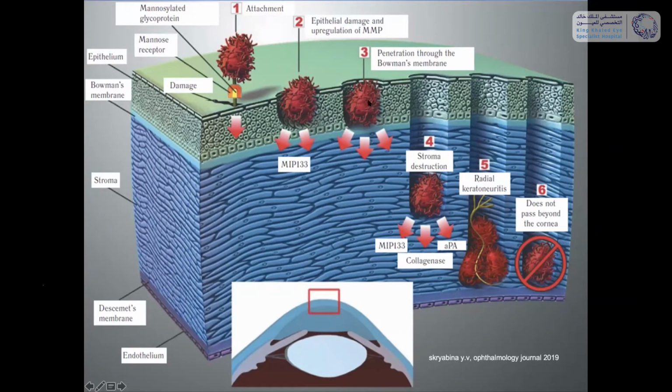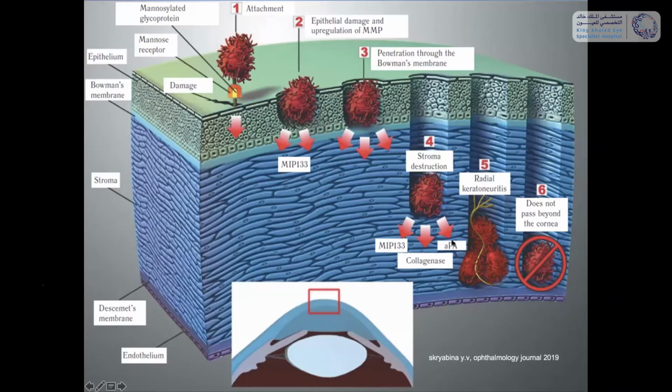Further penetration in the stroma will also cause direct damage to the stromal keratocytes by the production of MIP 133, matrix metalloproteinase 1, which is collagenase, and also the glycoprotein ecto-ATPase.